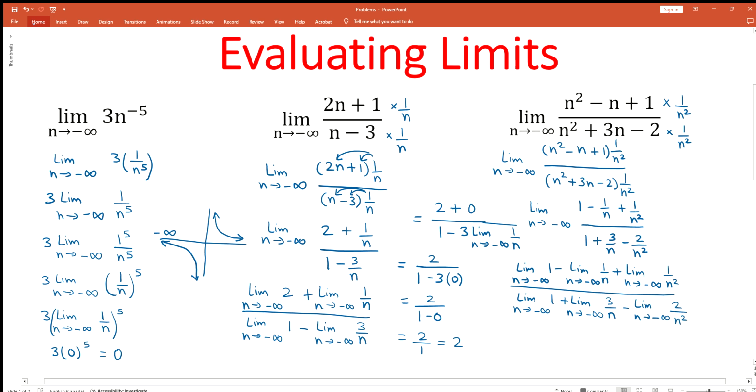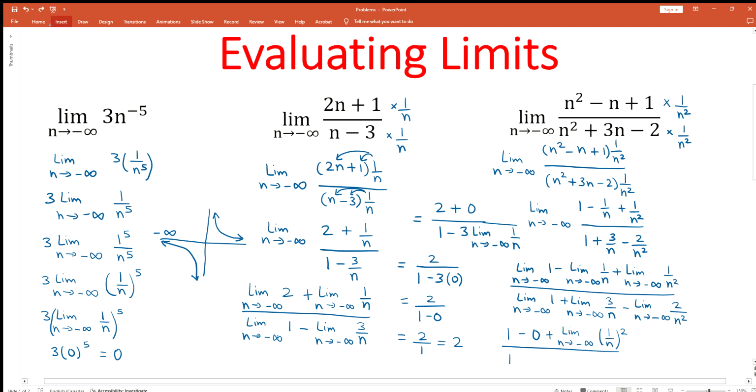Now we can evaluate the limits. In the numerator, the first limit is equal to 1 because 1 is a constant. The second limit value is equal to 0 because as n approaches negative infinity, 1 over n approaches 0. We can rewrite the third limit as follows. In the denominator, the value of the first limit is 1 because 1 is a constant.